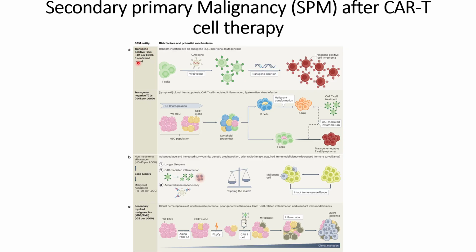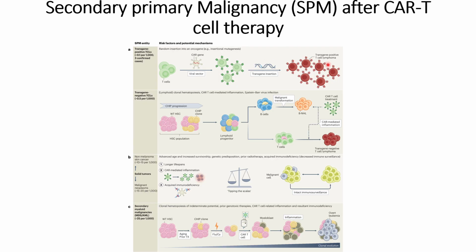In this case, 1000 CAR T cell patients were treated, and what they have seen is that in these T cells the CAR gene is inserted into a viral vector and then transduced, or transgene injection occurs.